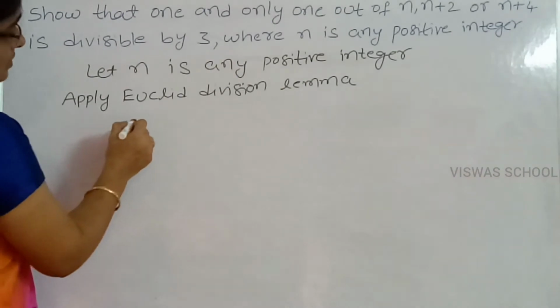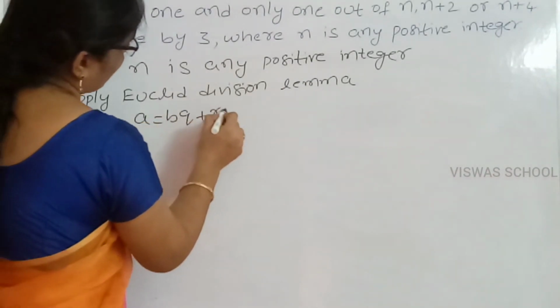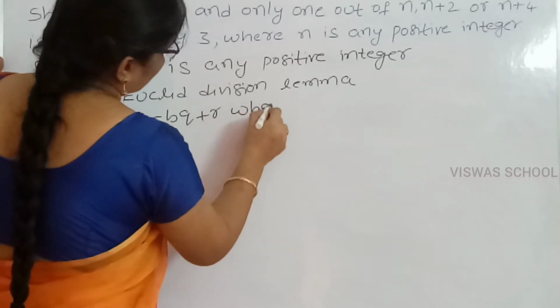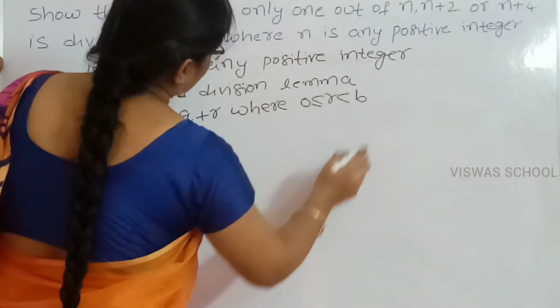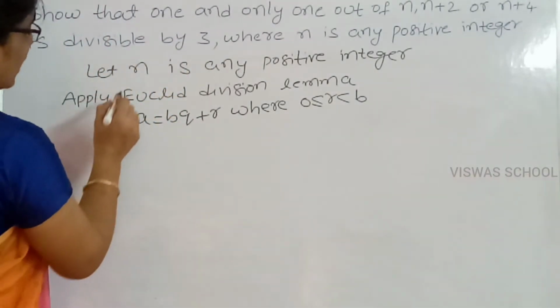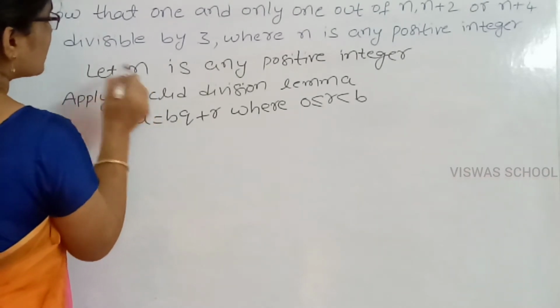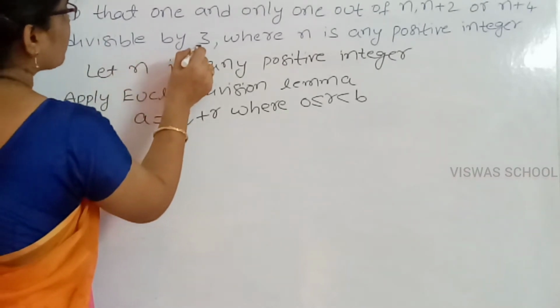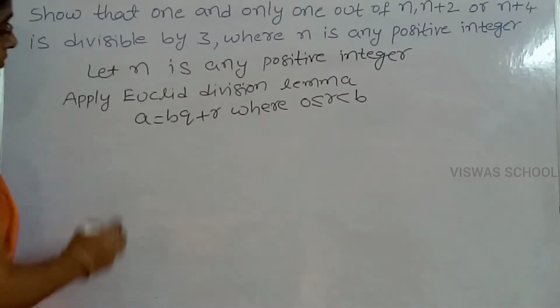That is, a equals bq plus r, where 0 is less than or equal to r is less than b. Here, a value is n, and b value is what we have to divide with, 3. That is, b value is 3.